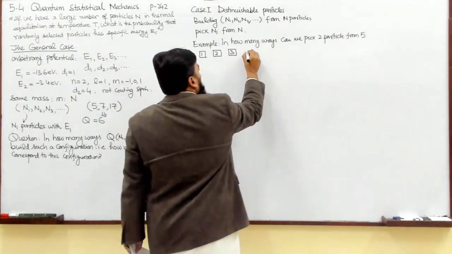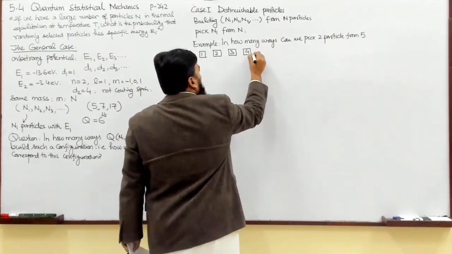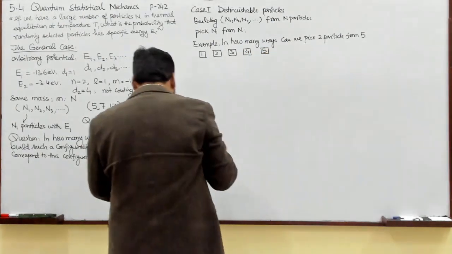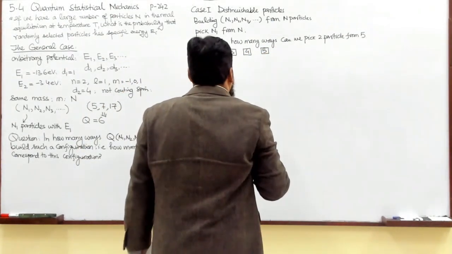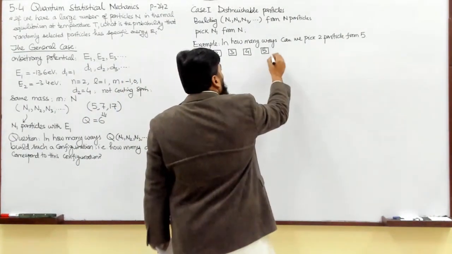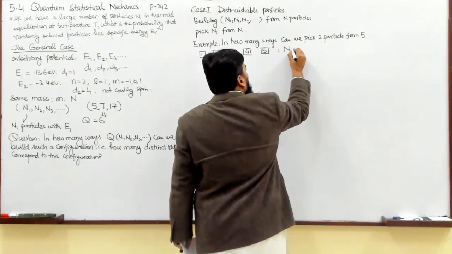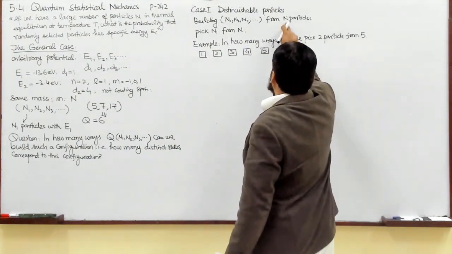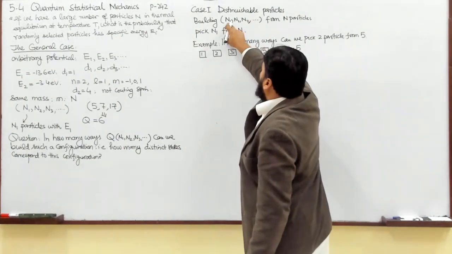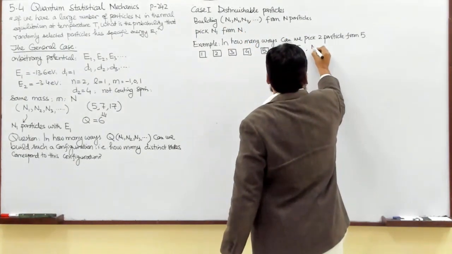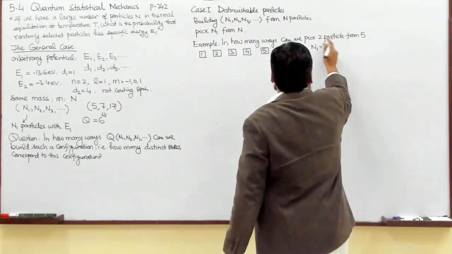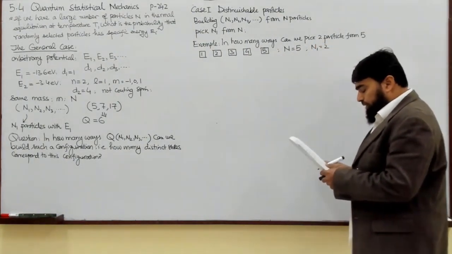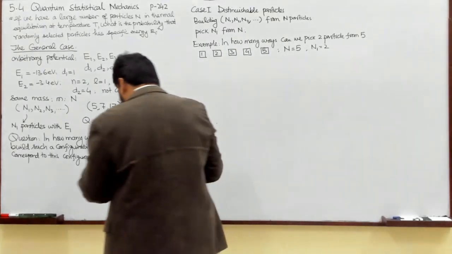So let's say we have 5 particles: 1, 2, 3, 4, and 5. If the total number of particles is N equals 5, I want to pick N1 particles, here 2 particles out of 5. Now how many ways can I do this?